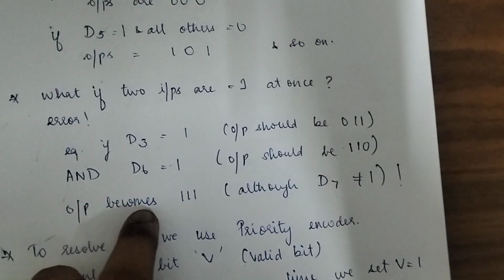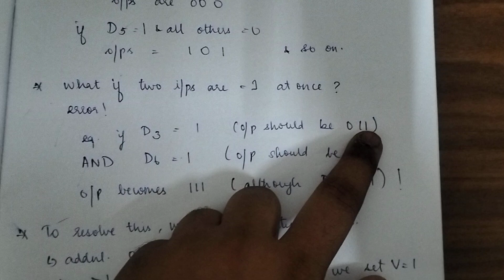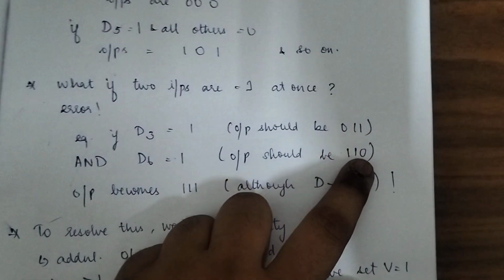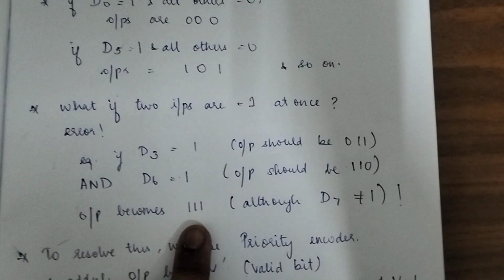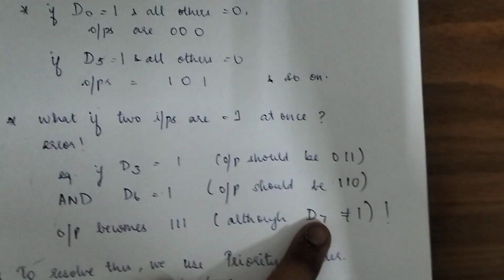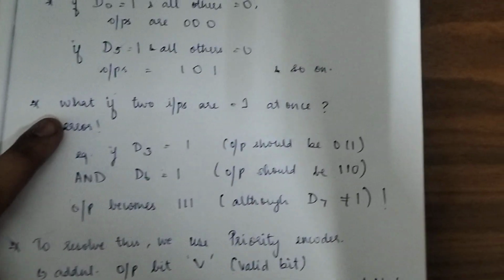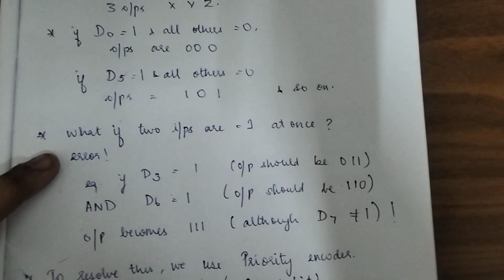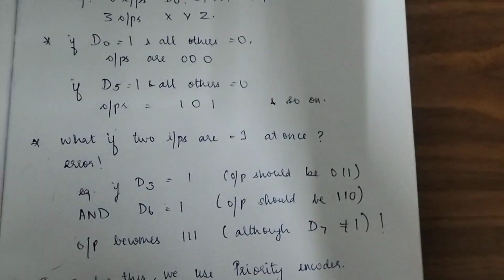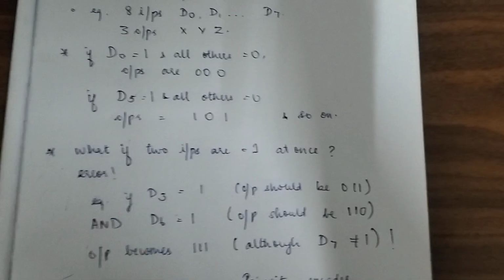So your final output, if both of these are on, becomes 1, 1, 1, meaning whichever of the variables should be 1 because of D3 and whichever should be 1 because of D6, all of them become a 1. But we know 1, 1, 1 corresponds to D7, and D7 is not even equal to 1 in this case. So that's creating an error, right? So we need to do something to fix how the encoder works in case more than one input gets switched on at the same time.